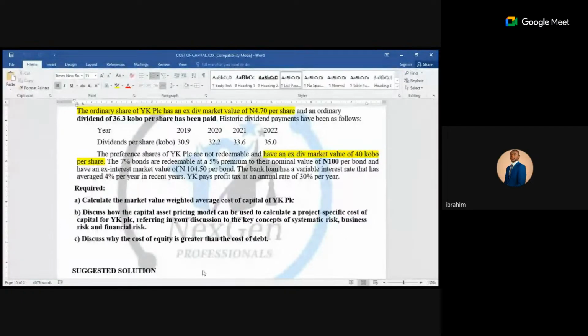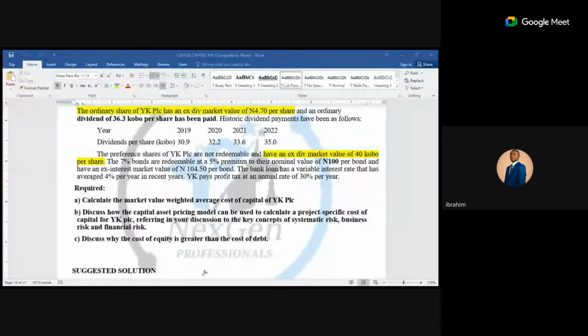When we get to project-specific cost of capital, you will understand the systematic risk.